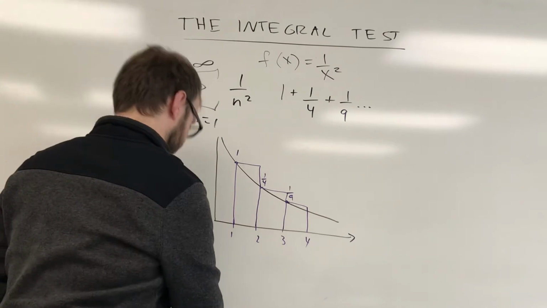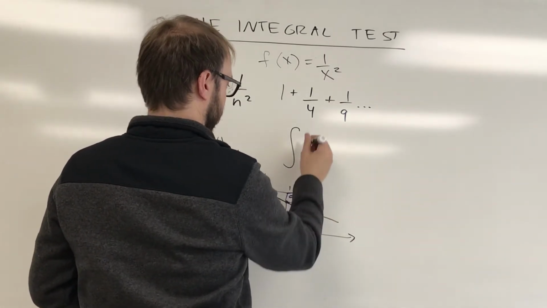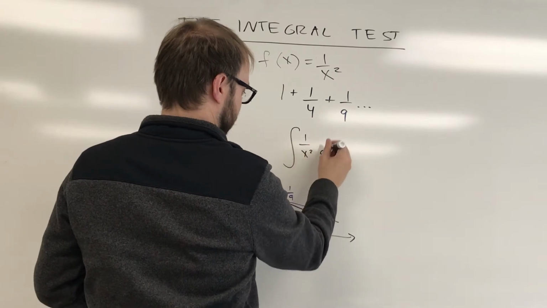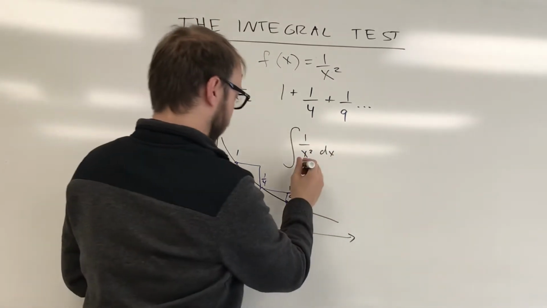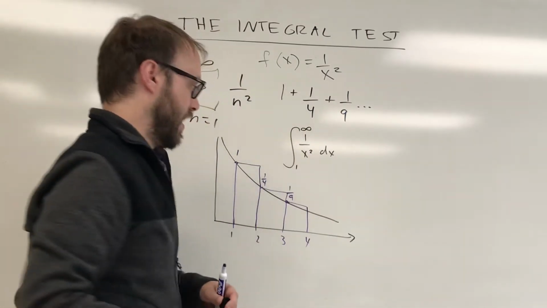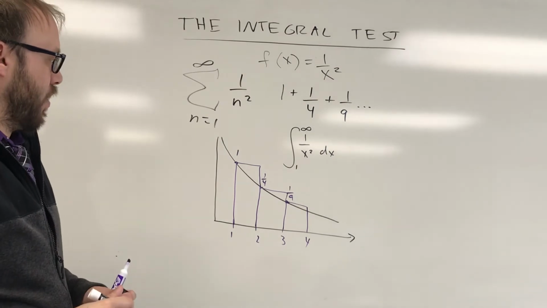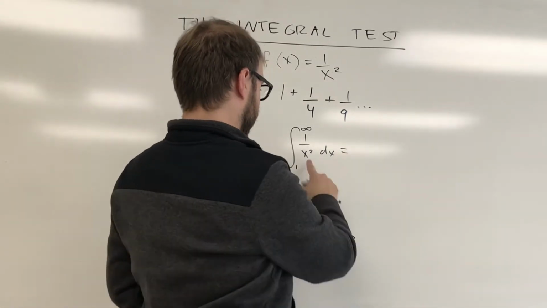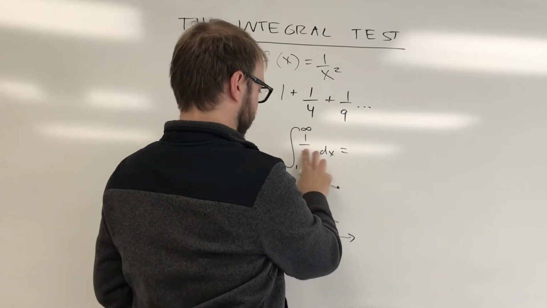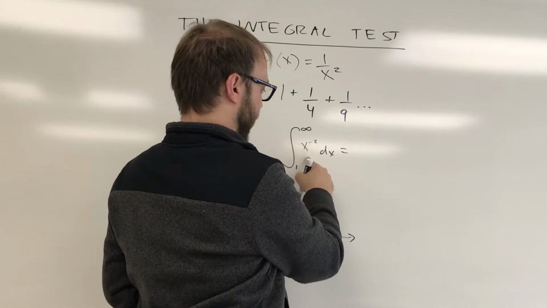So let's take a look here and let's see what happens. I'm going to take the integral of the related function, okay? The integral of 1 over x squared dx, between 1 and infinity, okay? These will be improper integrals, all right? And what you're going to find when you integrate this, that's x to the -2, right? Okay, so raise the power by 1, divide by the new power.